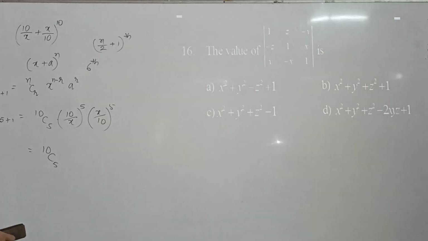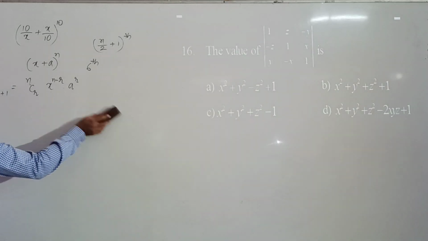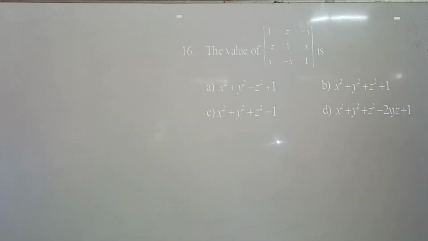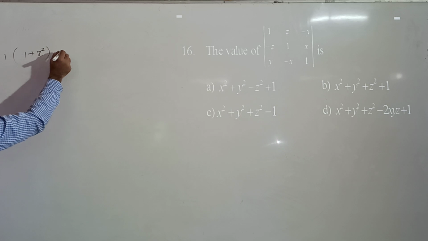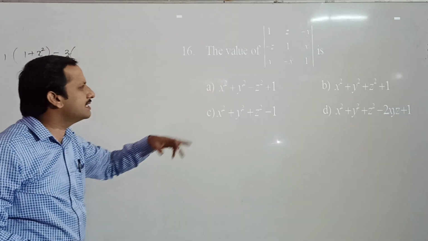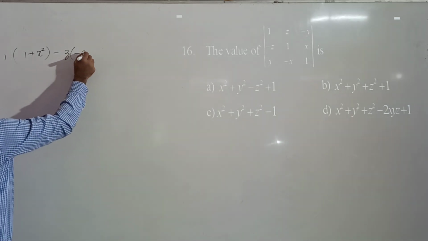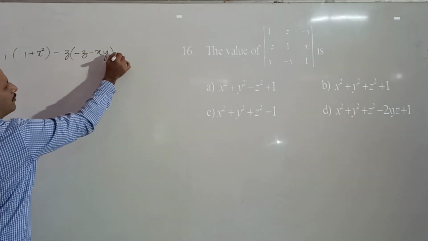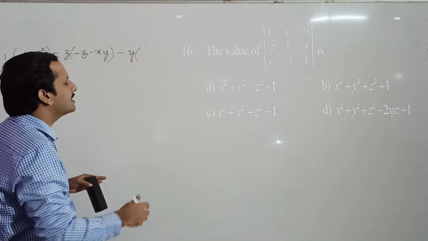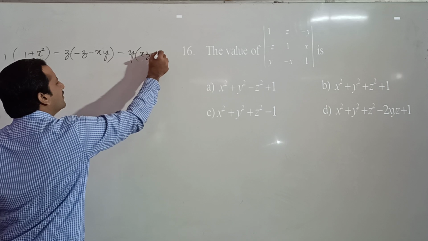The value of this determinant. Okay. So we cannot take any common factors here. We just expand it. 1 into 1 plus x square minus z into minus z minus xy minus y into xz minus 1.